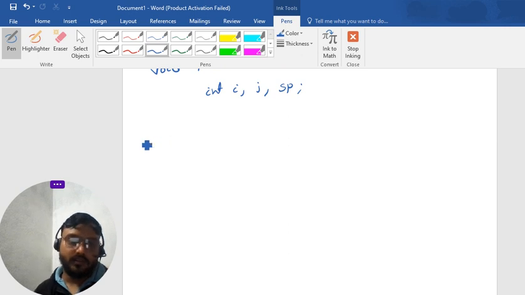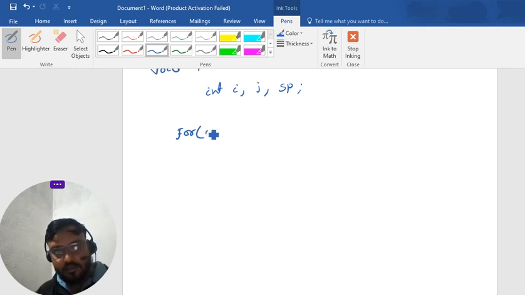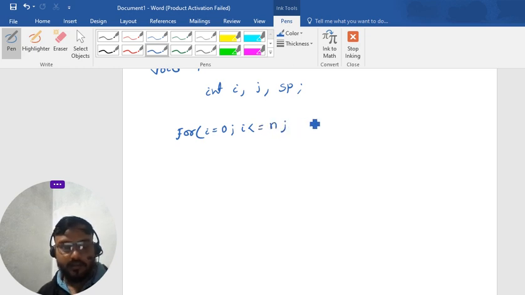Three different loops I need. The first one is the number of rows for printing the rows. for i equals 0, i is less than n, then i plus plus.